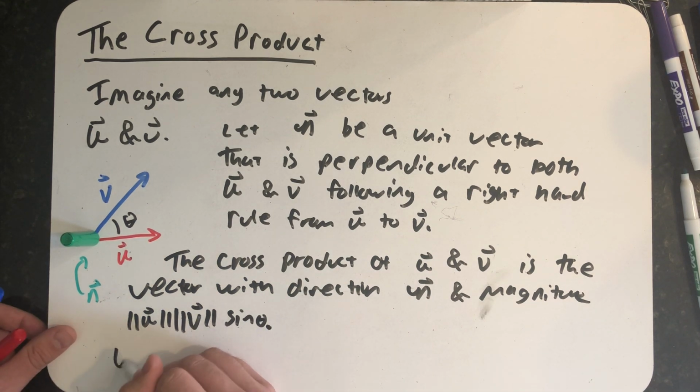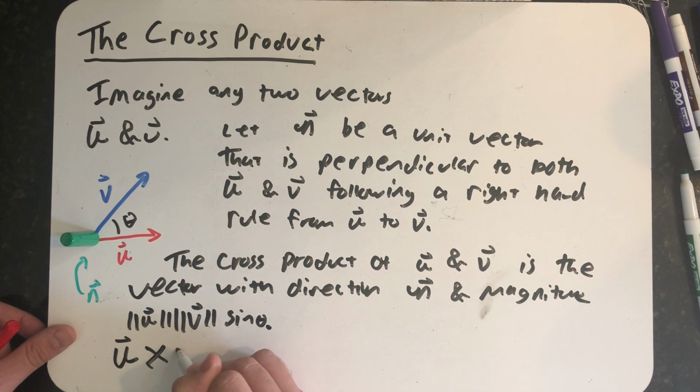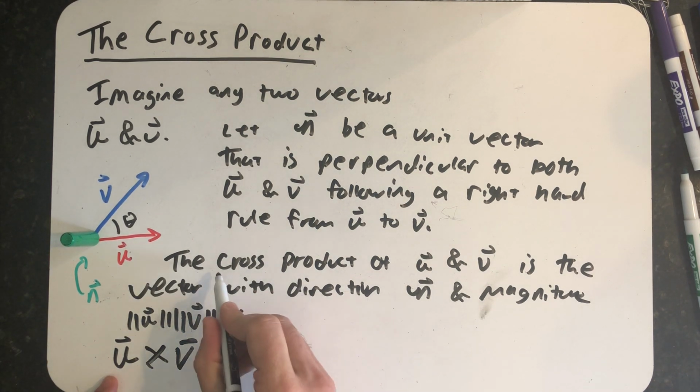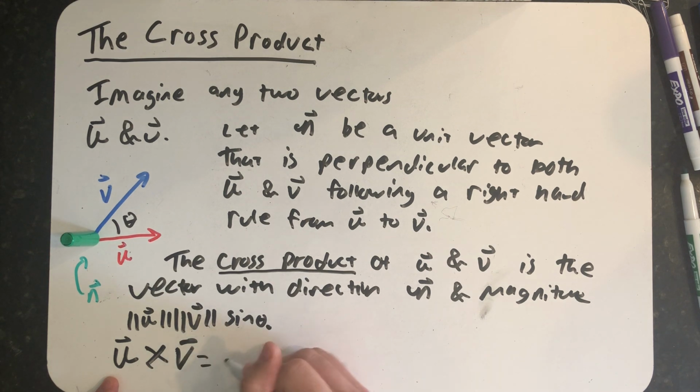So the cross product, u cross v, and this is how we denote the cross product. We literally write u cross v, is the vector with magnitude.